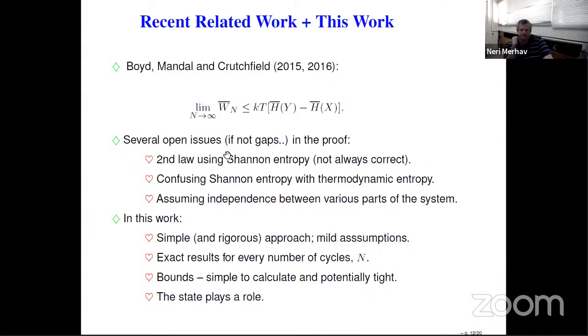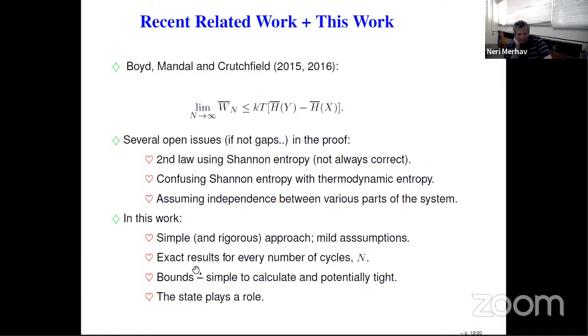And I personally have several reservations regarding this paper. I'm not going to get into the details deeply here. They all appear in the paper. But let me just say that I've re-derived results for exactly the same model with the following things that I can say about it. First of all, the approach is very simple and rigorous, with very mild assumptions only.